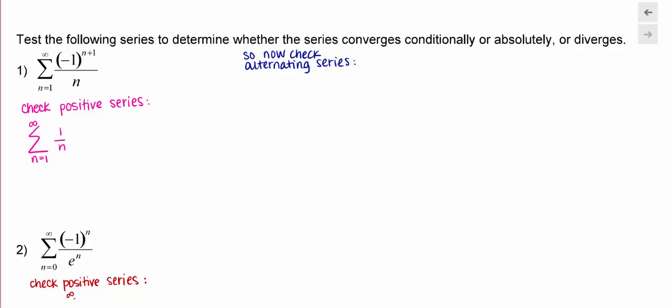Meaning, did I have to put the condition of (-1)^n or (-1)^(n+1), that alternating condition, on it in order for it to converge? Or does it converge all the time? Absolutely.